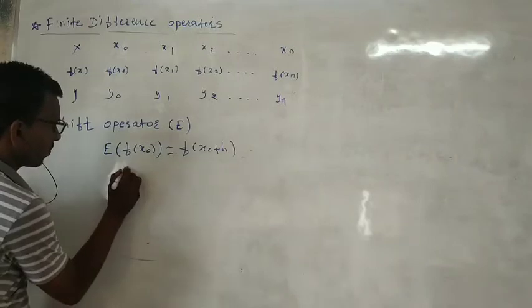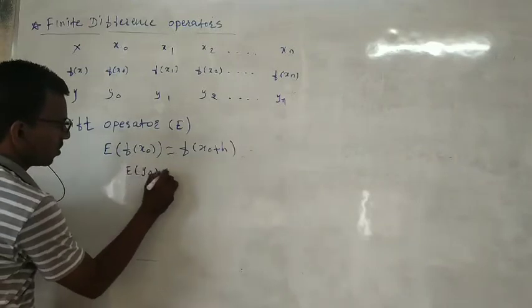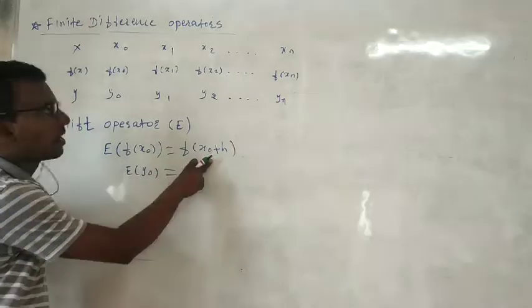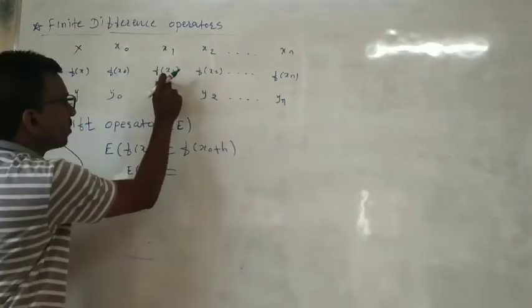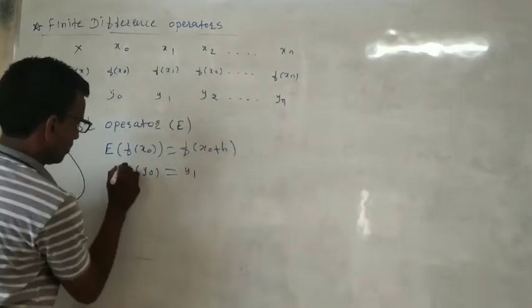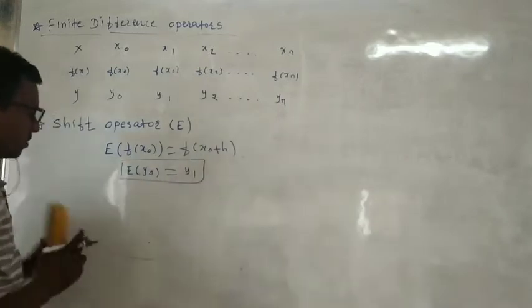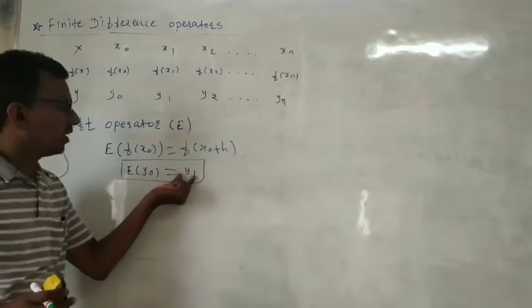That is, E of y0 is equal to f of x0 plus h, which means it is f of x1, that is y1. Means y0 is shifted to y1.